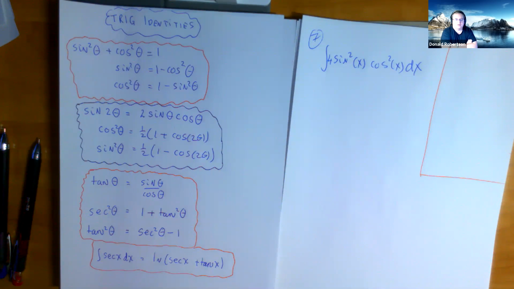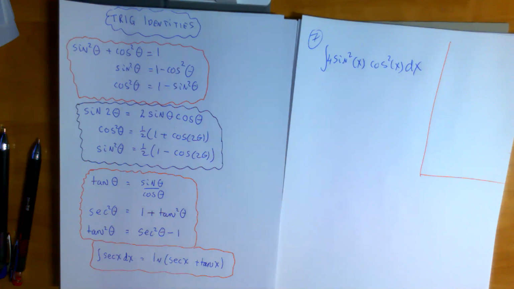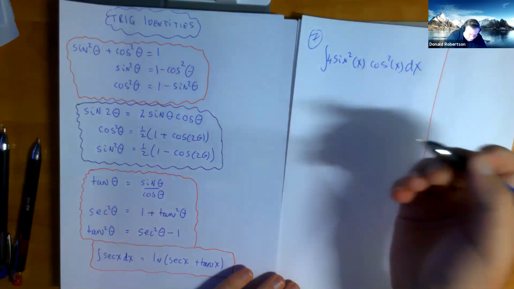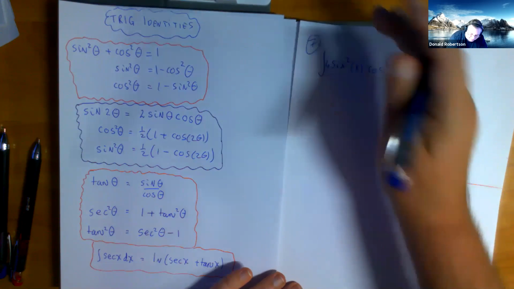So we use the identity. Somewhere in this list on the left-hand side, there's one particular identity that is going to be used to make this fella doable. Would it be the sine 2 theta? Okay. Yes, it is. Do you want to take it a bit further?